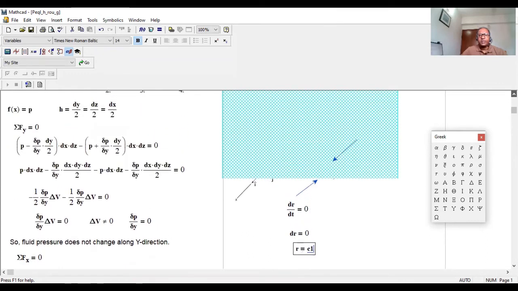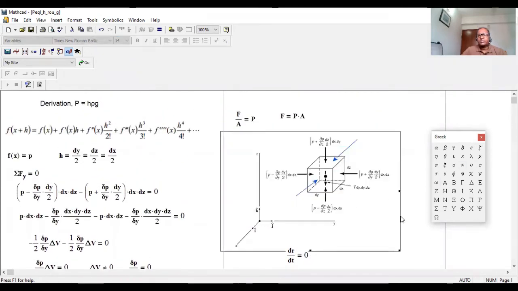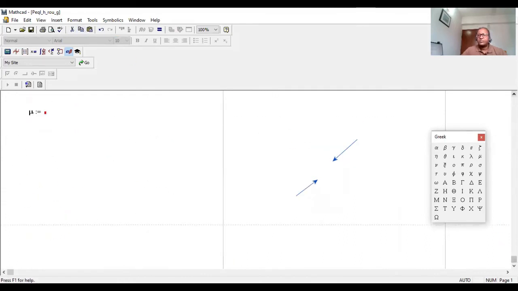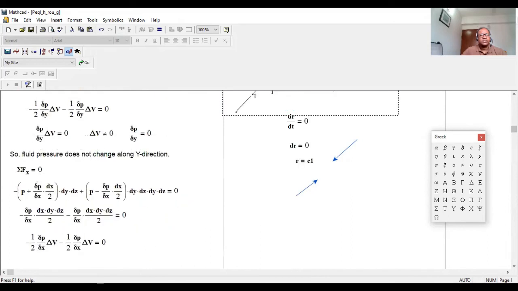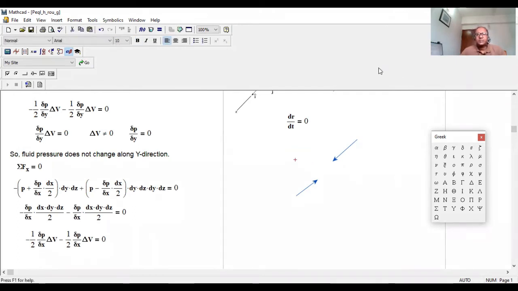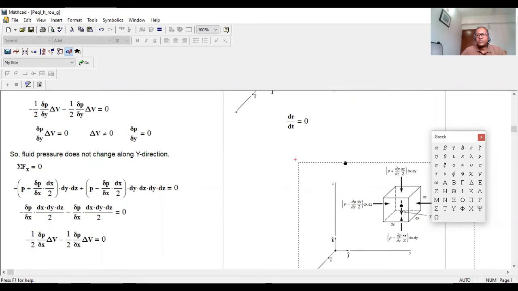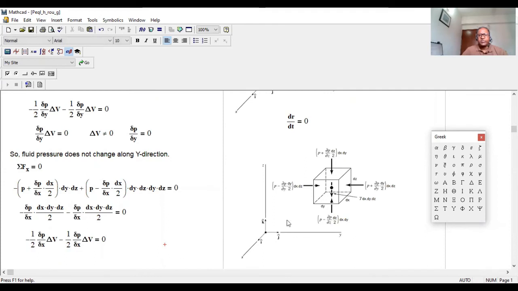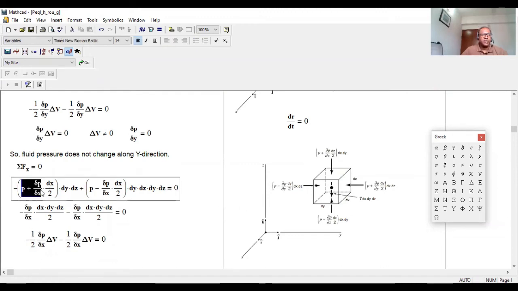Let me bring that figure to the bottom. Okay, so we are taking along the x direction. Along the x direction, the pressure on this side is working in the negative x direction, right? So the pressure is P plus del P by del x into dx by 2. Similarly, we use the Taylor series.